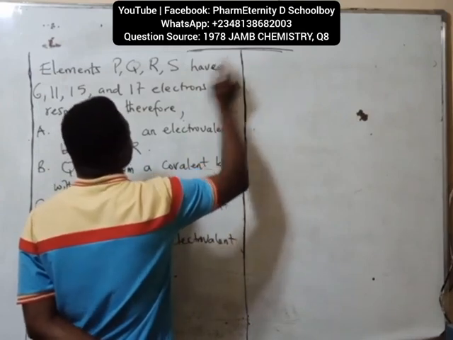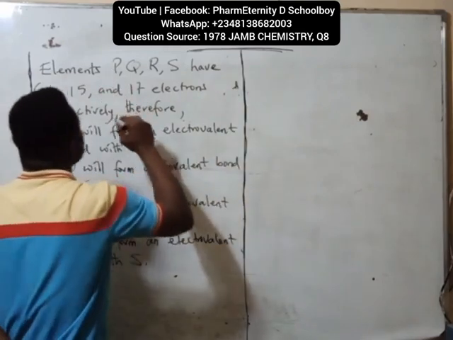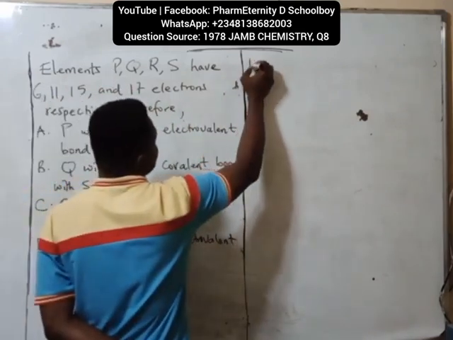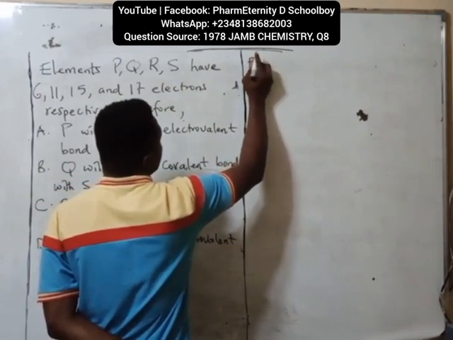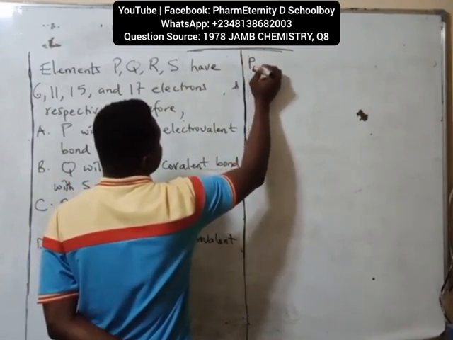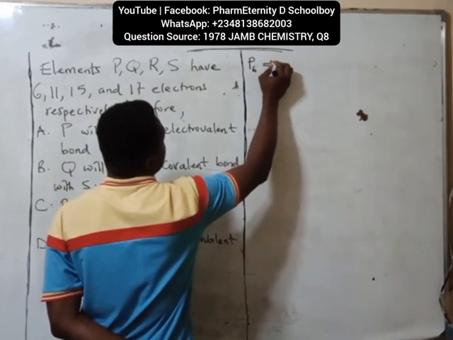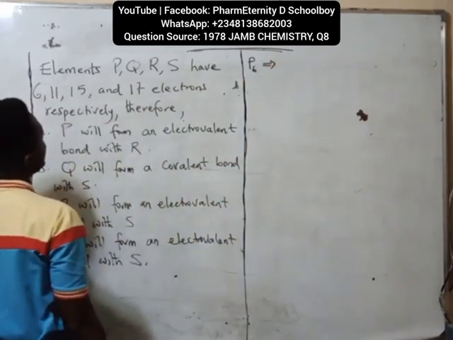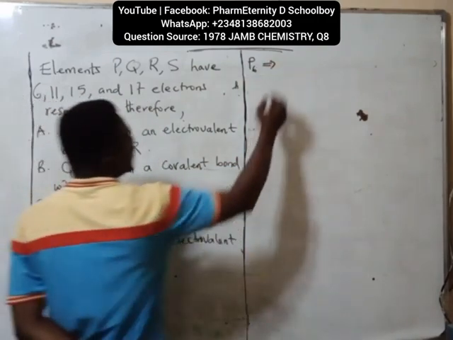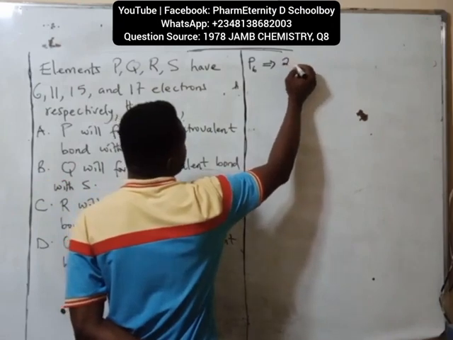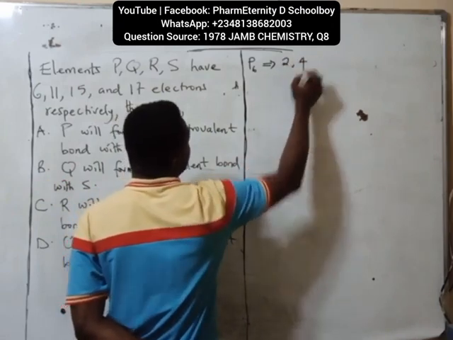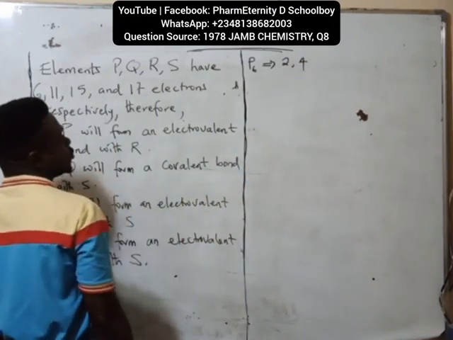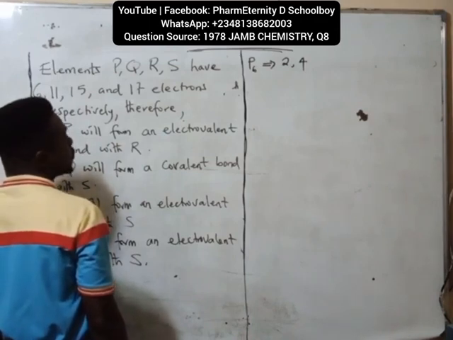P has 6. So the electronic configuration, we have 2 and 4.